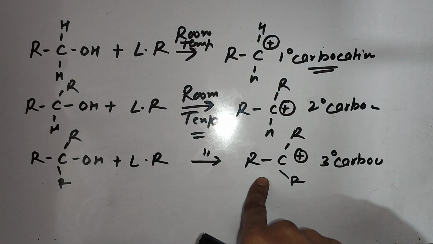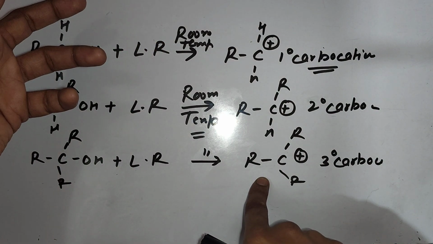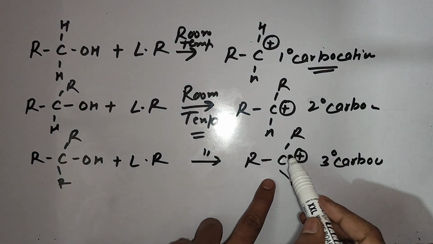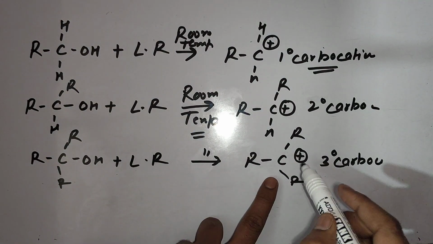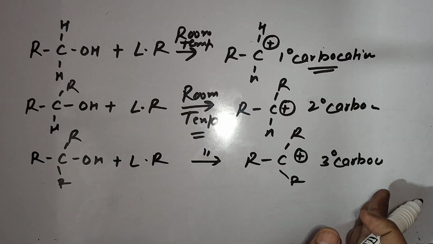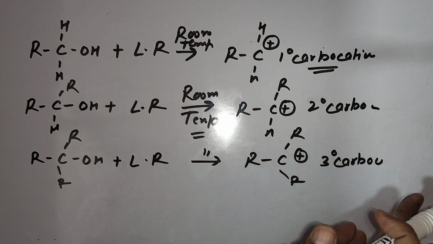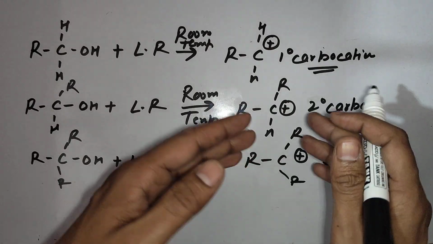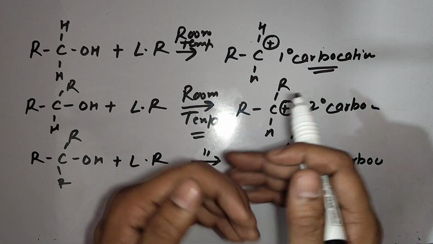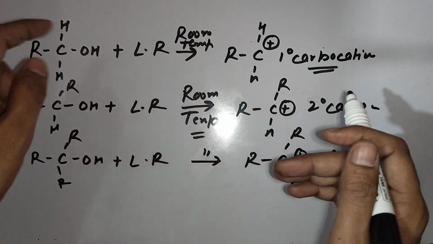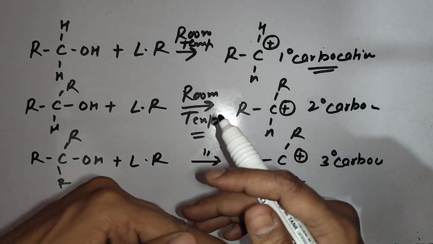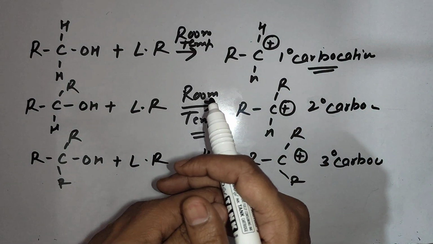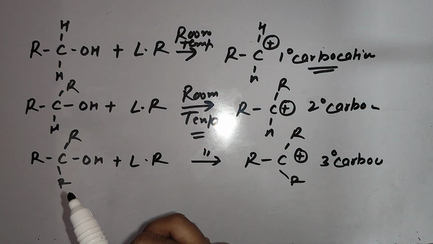The reaction is so slow or even no reaction at room temperature. So in 3 degree case, because the reaction is very fast, turbidity appears immediately, means alkyl chloride generates immediately. Followed by 2 degree carbocation, within 5 minutes alkyl chlorides will generate, turbidity will generate, whereas 1 degree alcohol is not giving any reaction with Lucas reagent at room temperature.